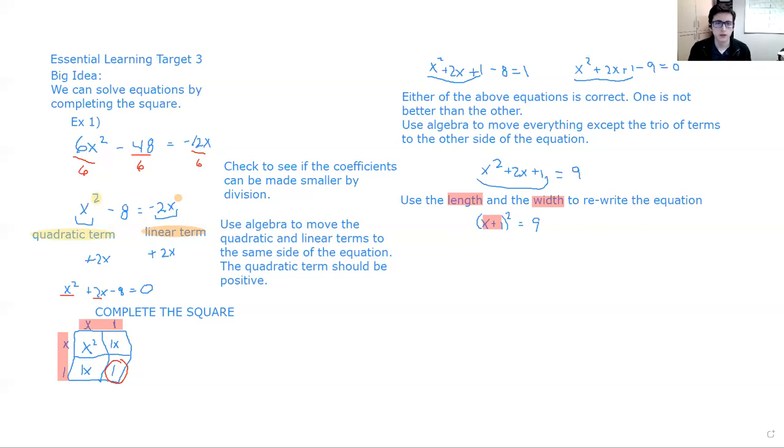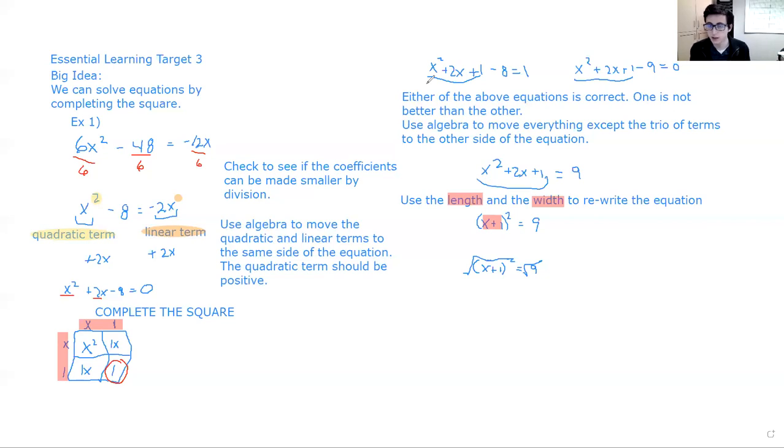Now we can actually begin to use inverse operations. If we have x plus 1 squared equals 9, we can take the square root of both sides. Why do we take the square root of both sides? It's because we're going to begin to use inverse operations to isolate the x. Everything that is with the x needs to get canceled out. The only thing that should be on the left-hand side is just the x.